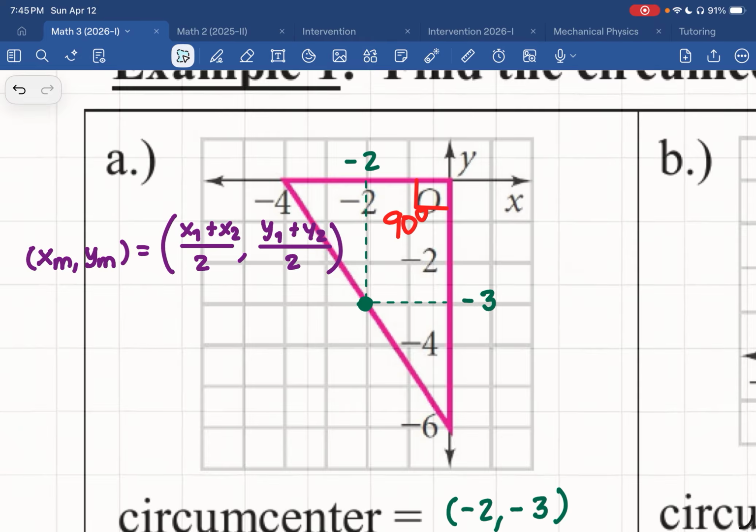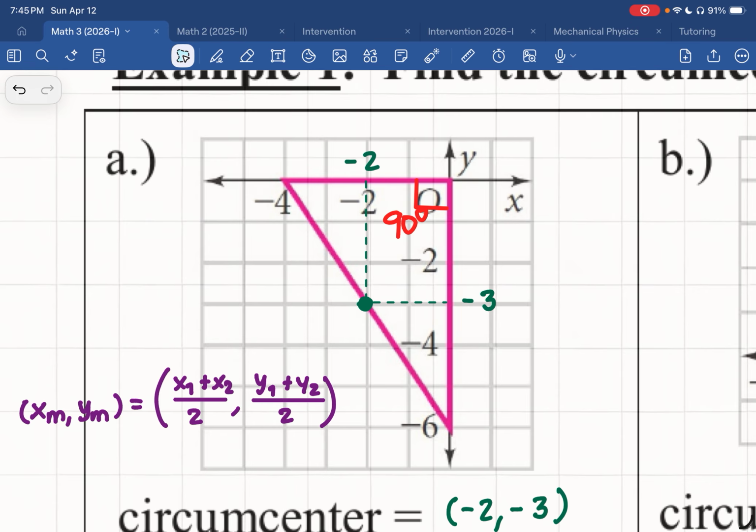So who is x1 and who is x2? Let me just bring this here so you can see better. As we are finding the midpoint between this point and this point, this is going to be the first coordinate and this is going to be the second coordinate. Okay, so we can say this is x1, y1, right?